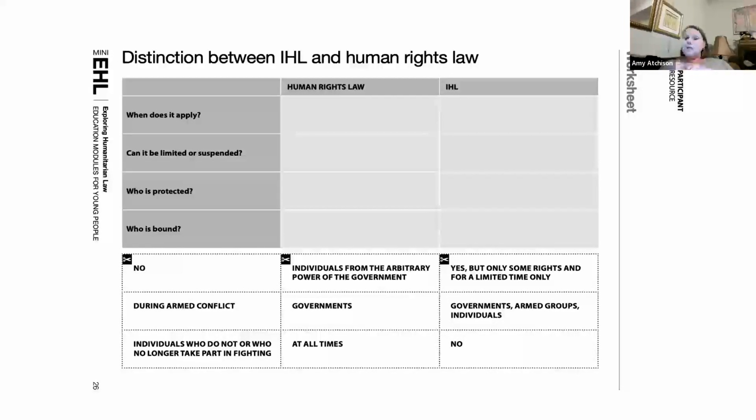So social customs are often, so IHL applies to all governments, all individuals, everyone involved in this armed conflict, no matter whether they've signed the treaty or not, period. A war crime is a war crime is a war crime.